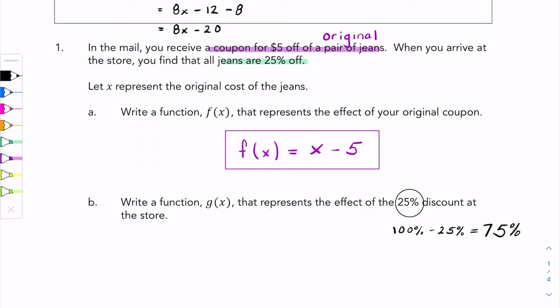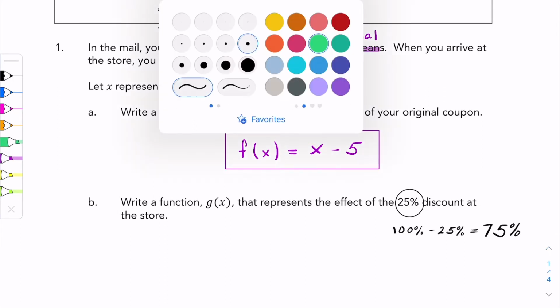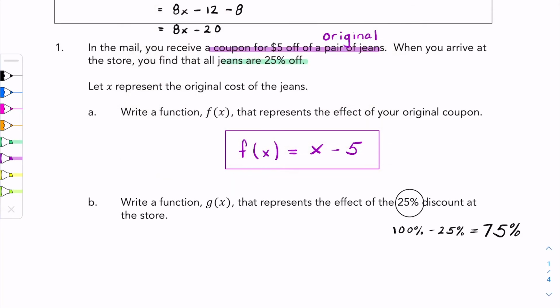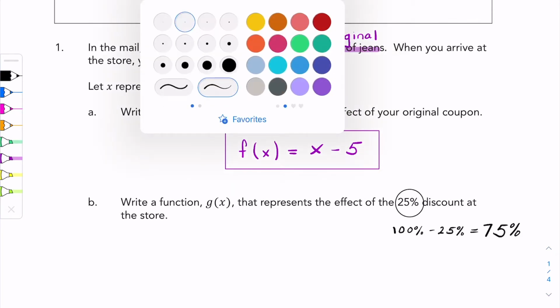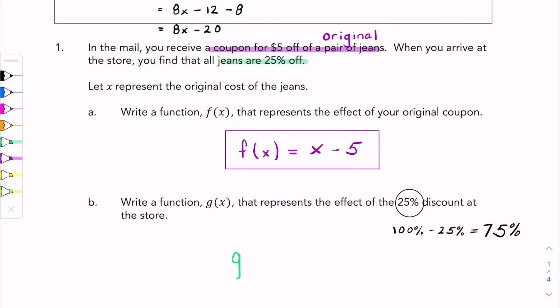So if we write a function g of x, and I'll do this one in green, this means we would have 0.75, which is the decimal of our percentage, times x. This is telling us that we're paying for 75% of the full price.